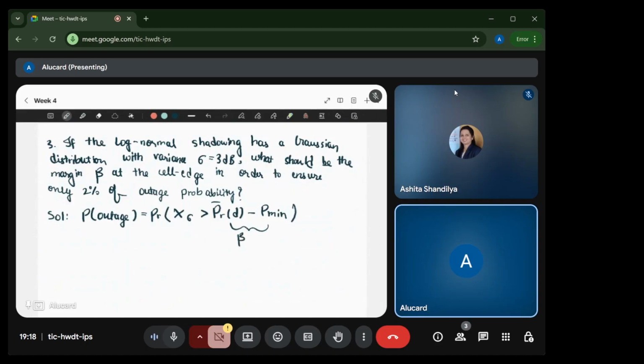This is beta. And since x sigma is the shadowing which is log normal, this probability is equal to Q of beta over sigma.